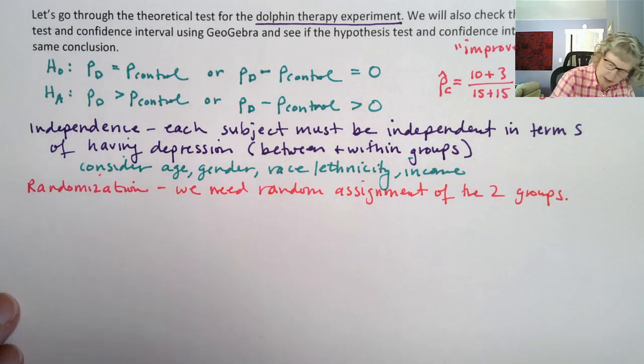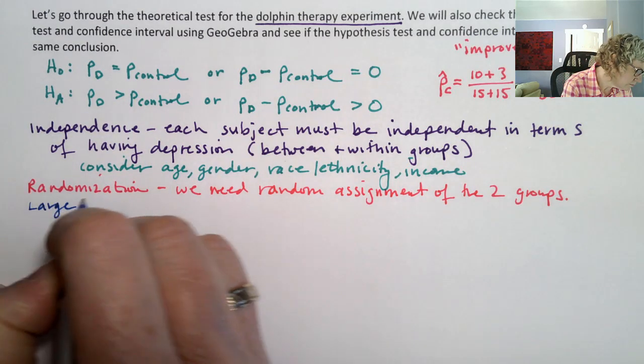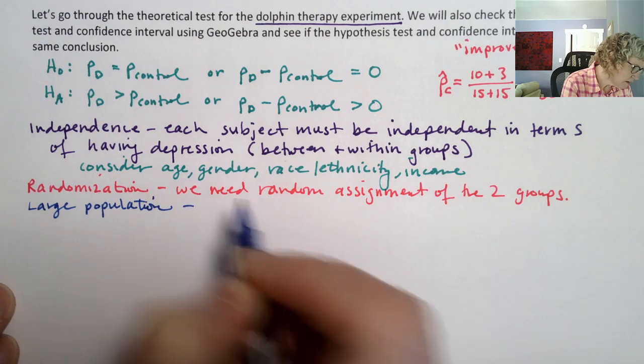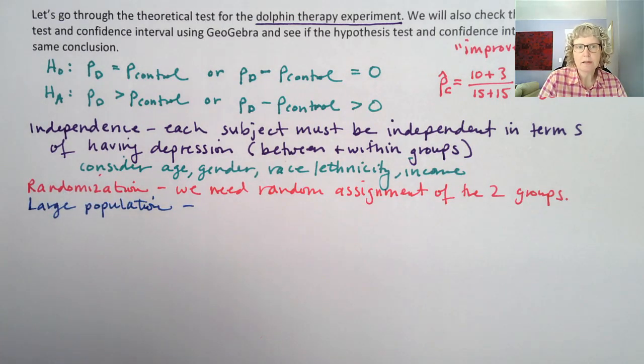Okay, large population. Okay, so we would not count the same person twice in an experiment, so we are sampling without replacement, so this applies. So we need to look at the population, and this is really a single population of folks diagnosed with mild to moderate depression, so I'm going to write it in terms of a single population.